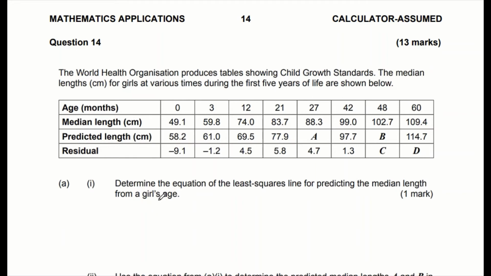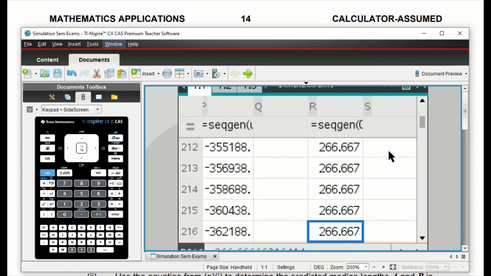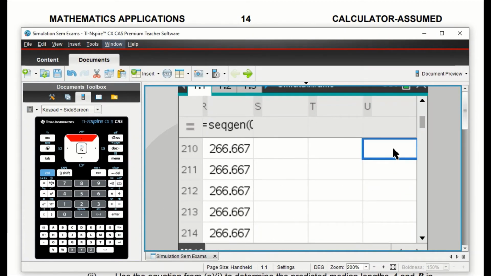So A1: determine the equation for the least squares line for predicting the median length from a girl's age. In this case, we are going to do bivariate data analysis using our calculator. I'm going to fast forward this. This is the part that you should be able to do by yourself already.